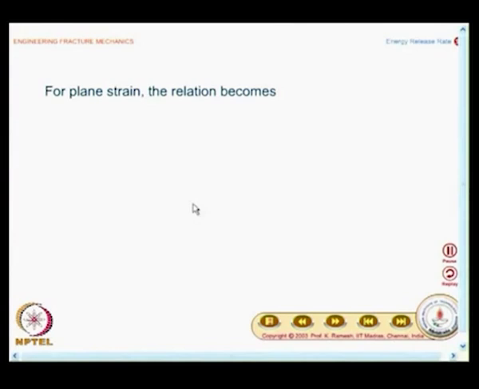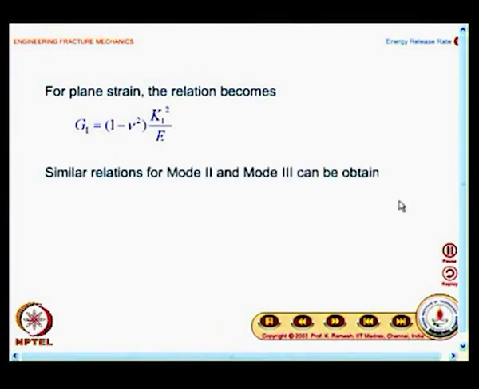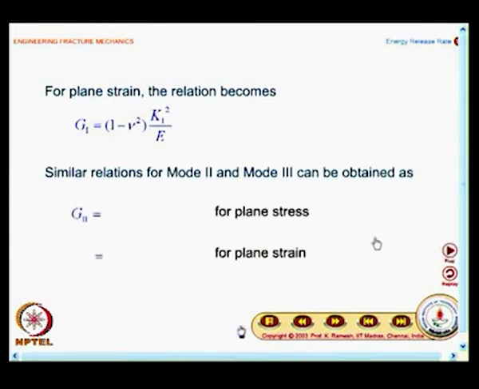If I do that, for plane strain the relation is G1 equal to 1 minus nu squared K1 squared by E. So, you know for plane stress as well as plane strain, for the case of mode 1 loading, the interrelationship between energy release rate and stress intensity factor.